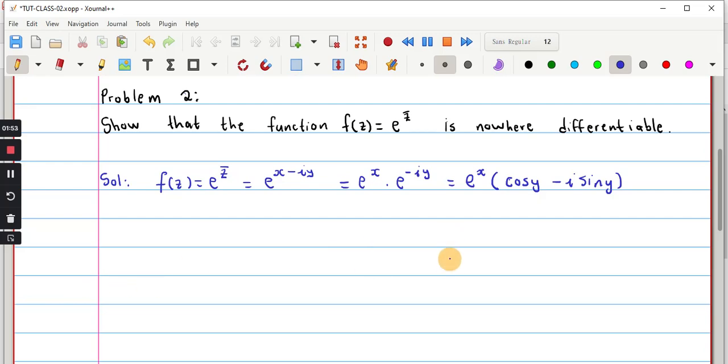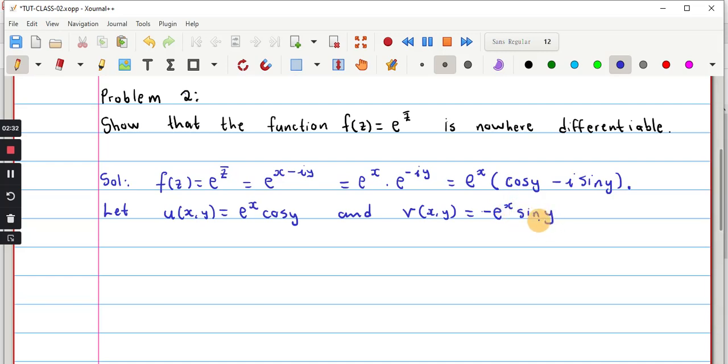Now, if you remove e to exponent x from that bracket, you can see that it is already written in the form u plus iv. So I'm going to say let u as a function of x and y be equal to e to exponent x cos y, and let v as a function of x and y be equal to, that's actually negative e to exponent x sin y.